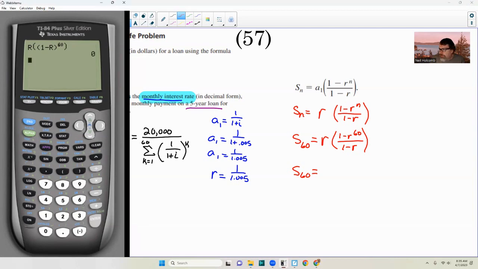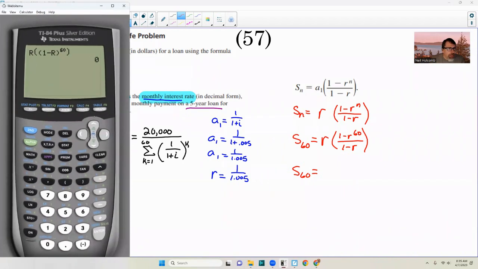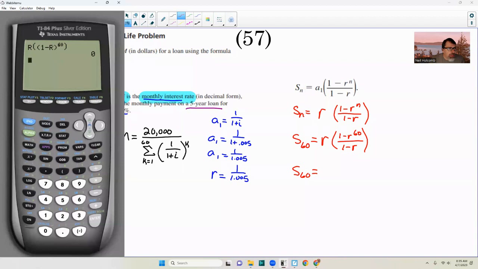Interesting. Oh, I know what I'm doing wrong. Okay, I get it. My 60 should be just on the r, not on the 1 minus r. That's why I'm getting 0. So I'm going to do alpha r, parentheses, 1 minus alpha r to the power of 60, not outside the parentheses. I just want to take r to the 60th power, not the difference. That's why I was getting 0.